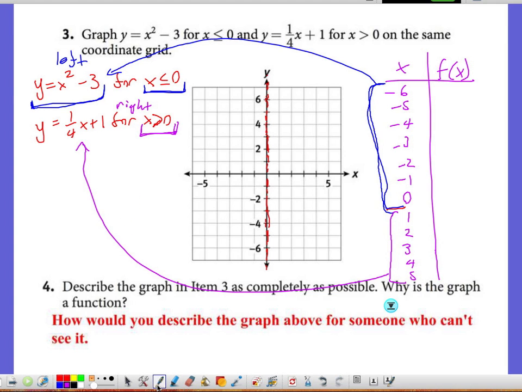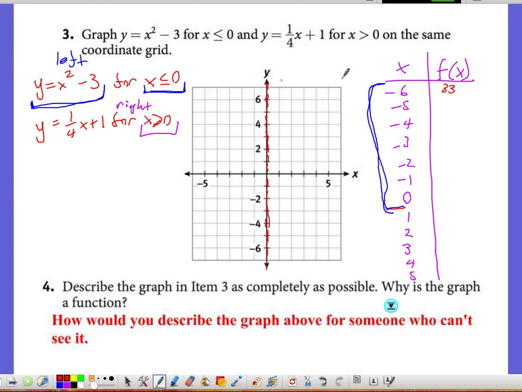Alright, so again, let's begin with the negative 6. If we plug in negative 6 for x, we get negative 6 squared, which is 36. 36 minus 3 is 33. Can we graph that? Nope, that's off the grid, so we need to just put that there.